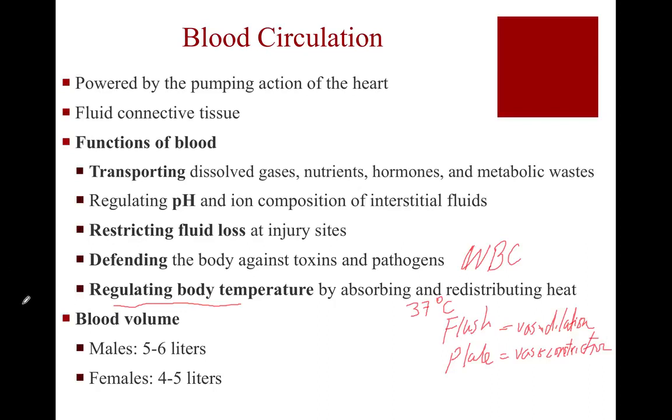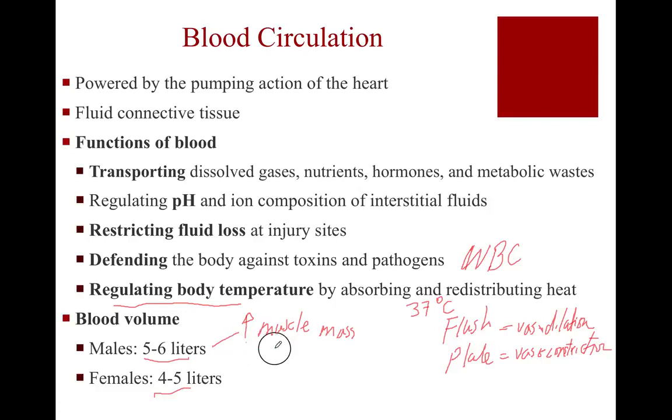Now, the next thing you need to notice is when you compare the fluid or blood volume in males versus females, females on average have about a liter less than males. The reason for that is males have a larger muscle mass, and the way you want to think about it, the more muscles you have, the more oxygen and nutrients you have to supply them.